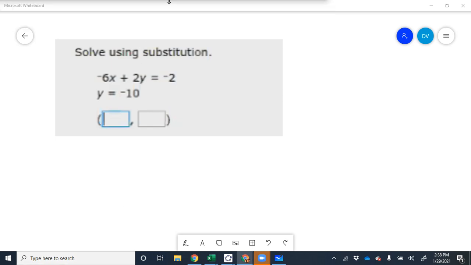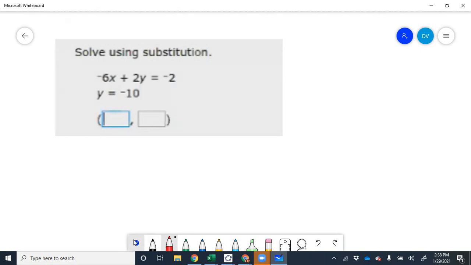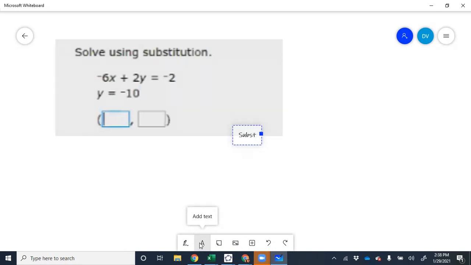All right. This problem says that we want to use substitution, and let me make a note so you'll remember what that means. Substitution means that we need to, the key word here is replace.